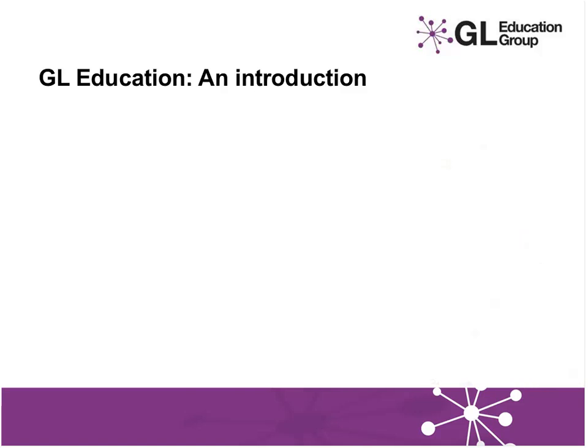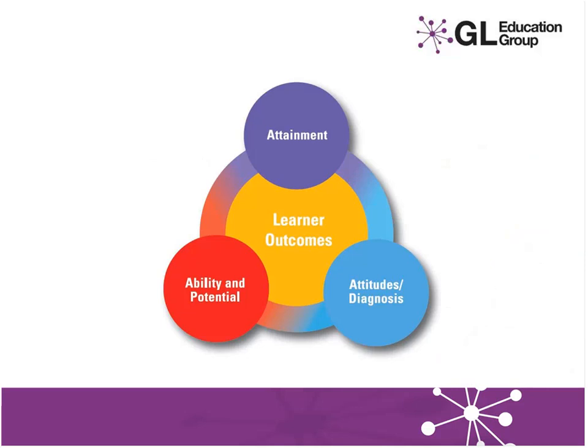We structure our assessments based on a 360-degree view of the learner, on the basis that there are three key components that contribute to learner outcomes and allow a learner to achieve their full potential. I'm talking through this so that you can see where CAT4 sits in this 360-degree view. If you understand a pupil's ability and potential and use CAT4 to assess this, then you know what the pupil is capable of, you know what their true potential is.